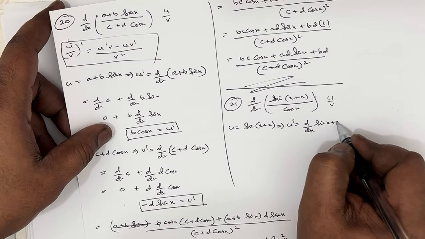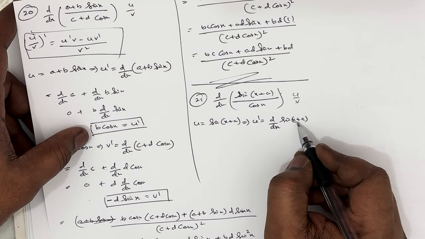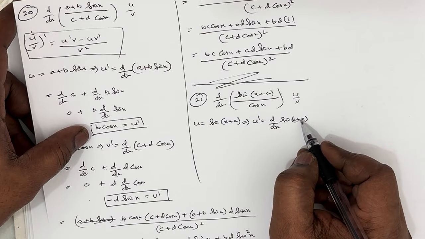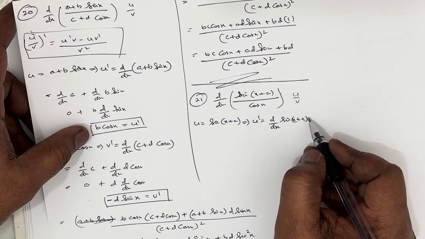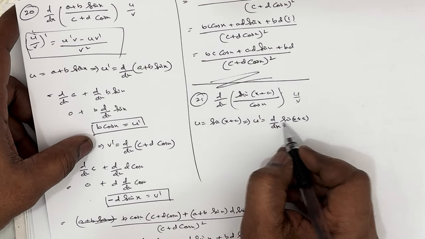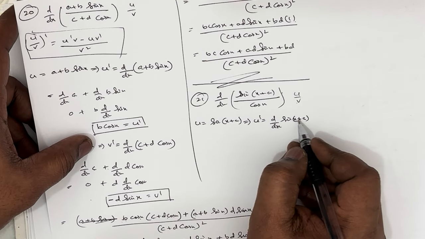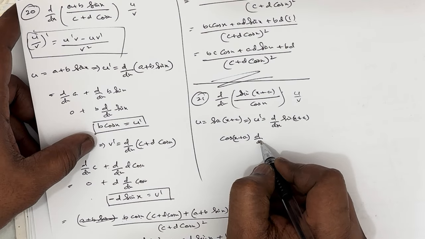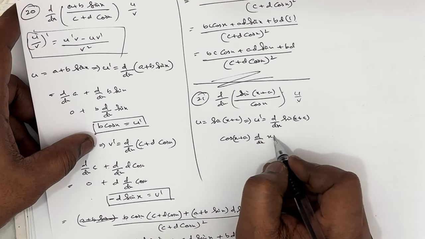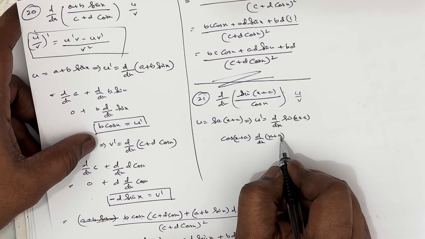Now you know the derivative of sin x is cos x, but this is x plus a, so you have to differentiate this again according to the chain rule. The derivative of sin is cos, so we write cos(x plus a), and again the derivative of x plus a: the derivative of x will be 1 and of a will be 0.